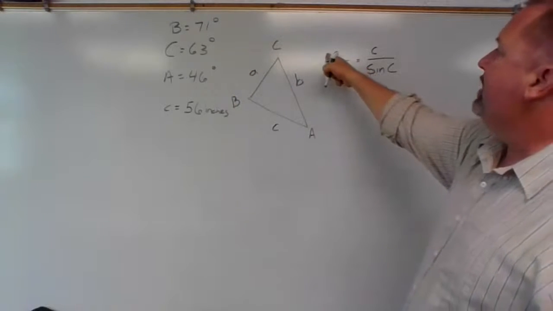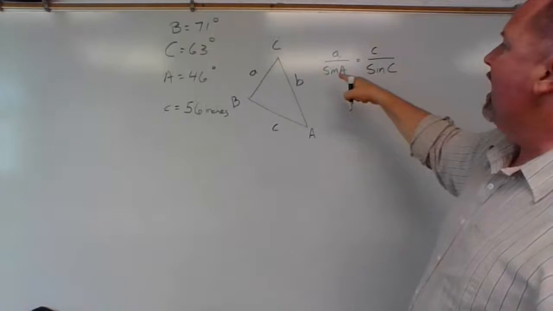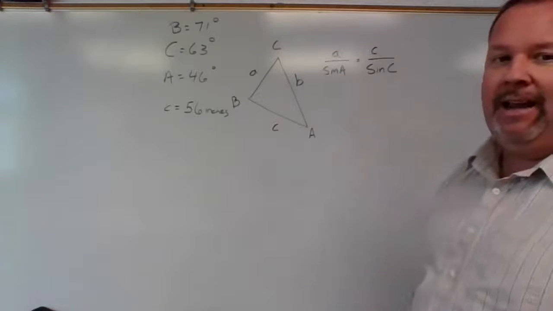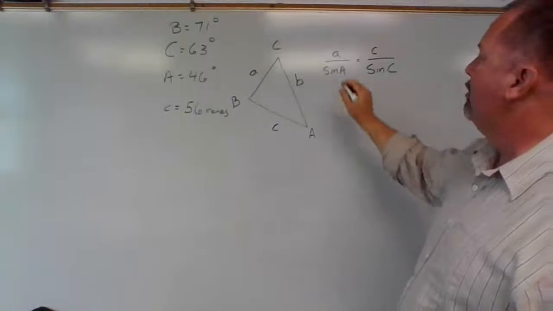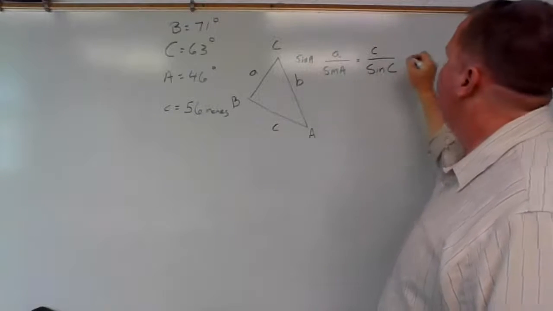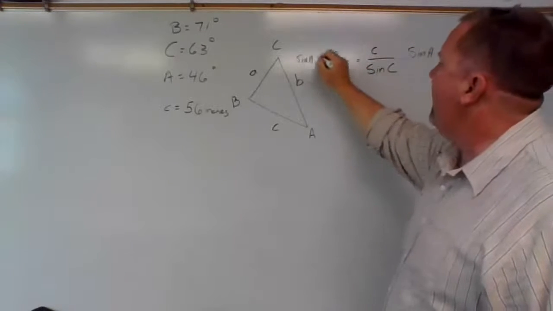If I wanted to solve for A, if I wanted to get A all by itself, hopefully you guys would see I could multiply both sides of the equation by sine A. If I multiply by sine A, these would cancel out.